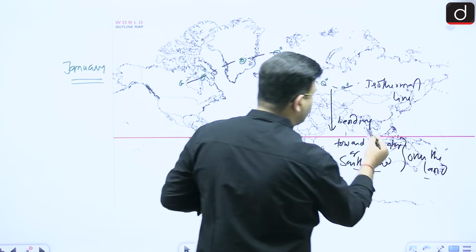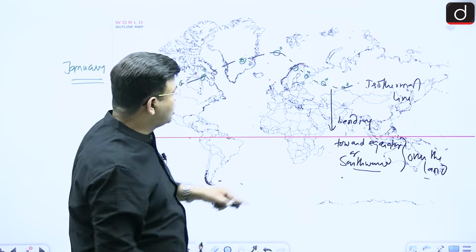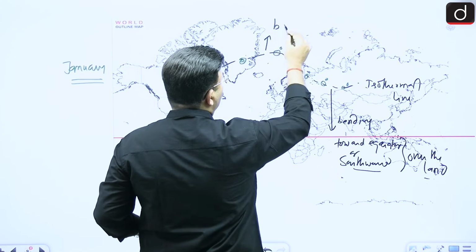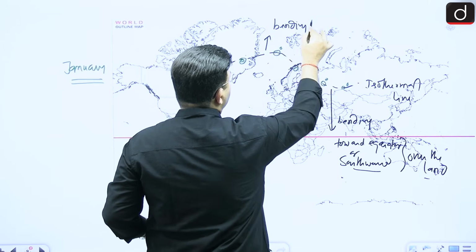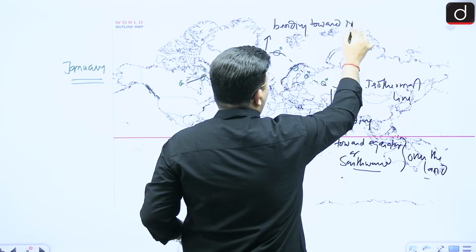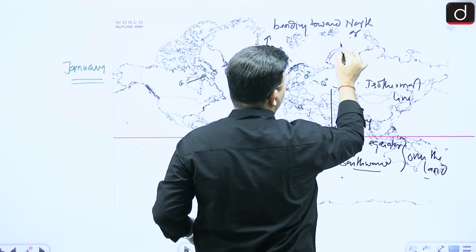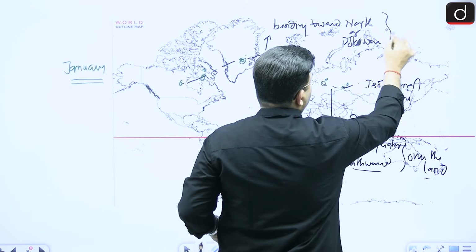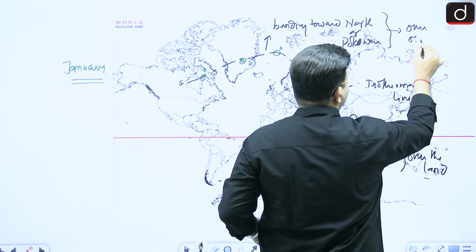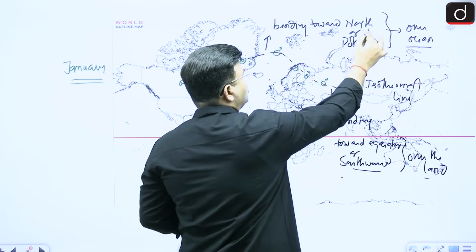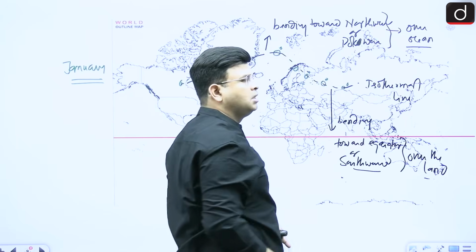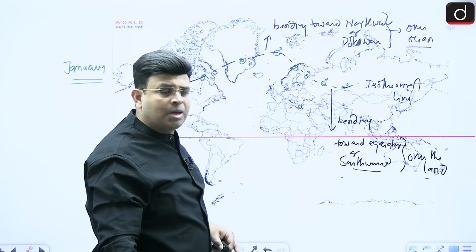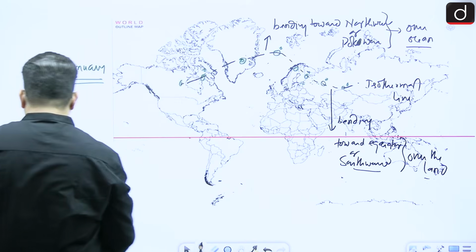And over the ocean, it is bending towards the north, or poleward. In the ocean, northward or poleward, in the January month. This kind of thing you can see. Is it okay?